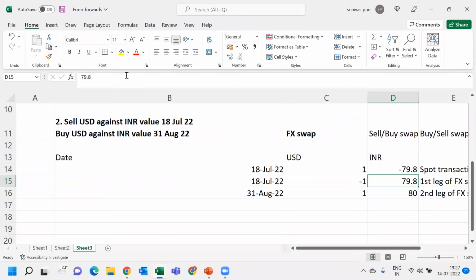When we go into future sessions, we'll discuss much more about how these are arrived at and what other terminologies are related to them. Paying premium, receiving premium, all of those aspects we'll cover later. But for now, just understand the concept of an FX swap and how it gets traded in the market, and the concept of a sell buy and a buy sell.